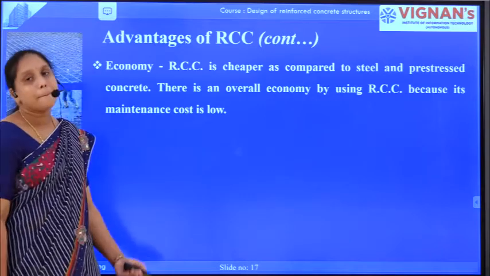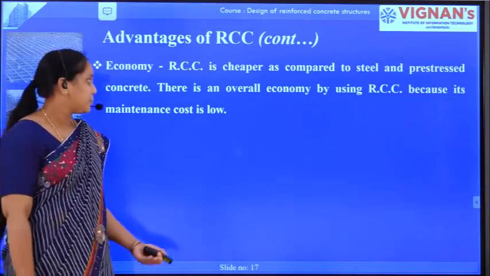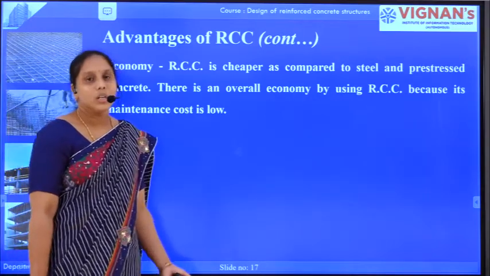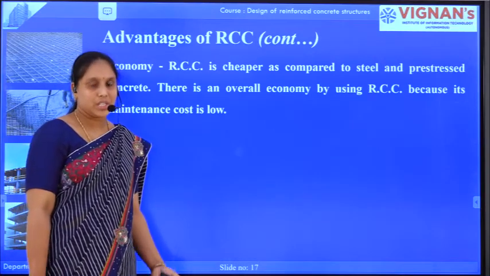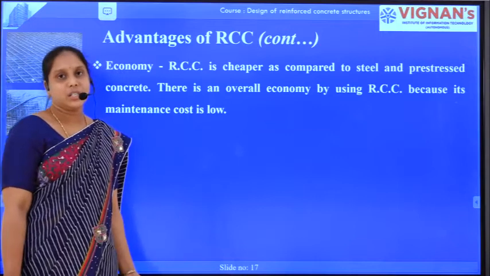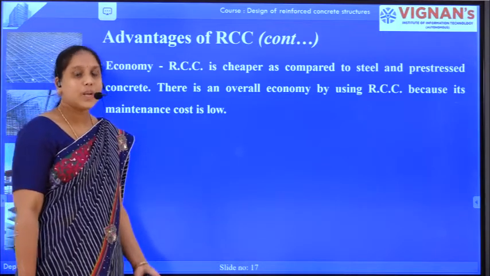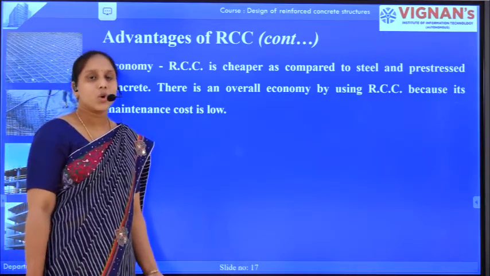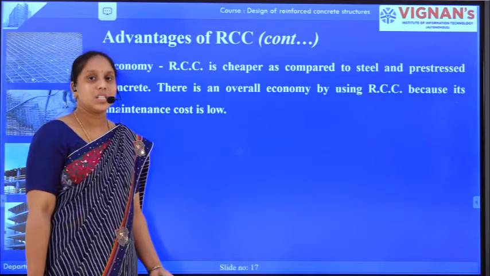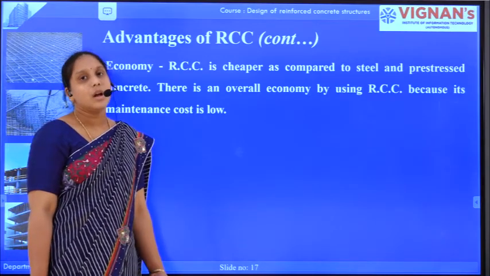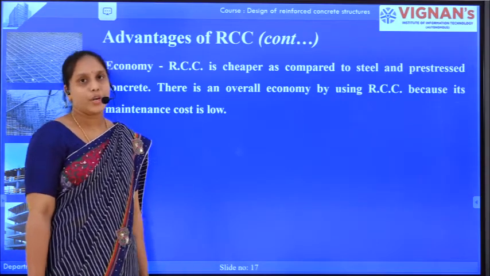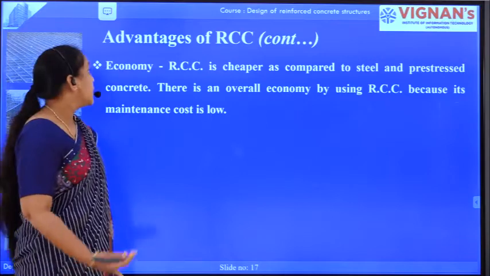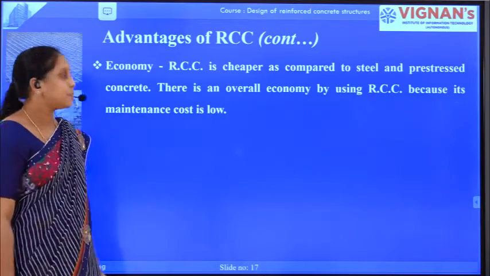When compared to other structures like pre-stressed concrete structures or steel structures, the RCC structures are economical, and also the maintenance cost for the RCC structures is less when compared to other materials like steel and pre-stressed concrete. So the advantage is that it is economical.